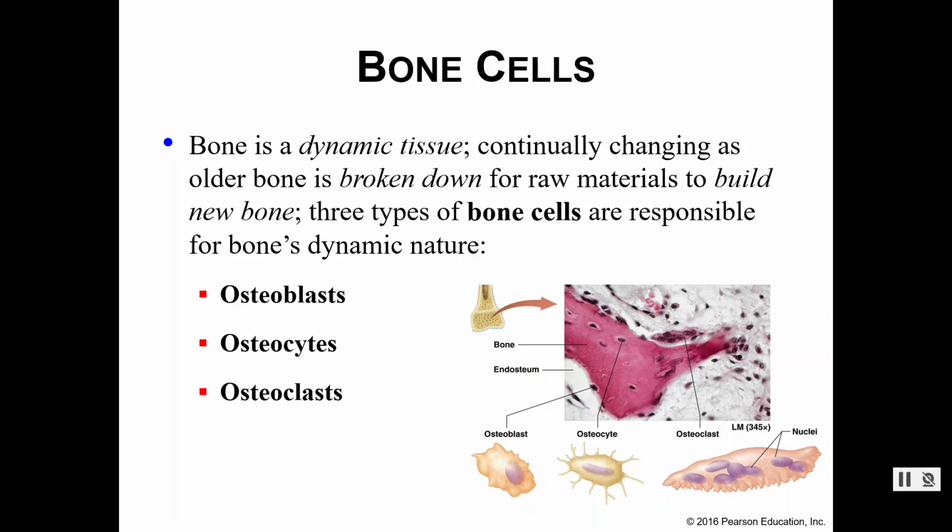We're always building a little bit and maybe breaking a little bit down somewhere else. And these three cells are what help us achieve that. We've got osteoblasts, osteocytes, which kind of look like spiky little things, and then osteoclasts are these giant cells with their multiple nuclei. And they kind of look like, I don't know what this little fringe looks like. Overall, it kind of looks like a mustache.